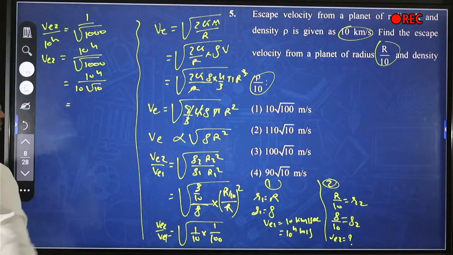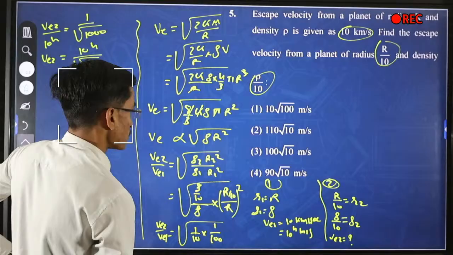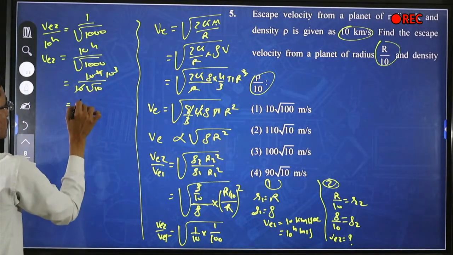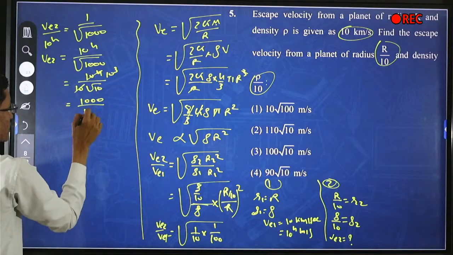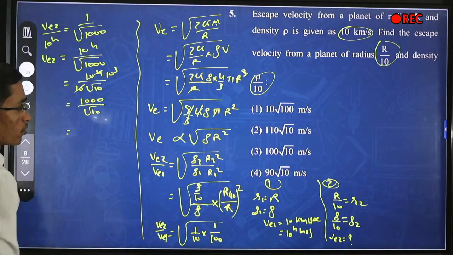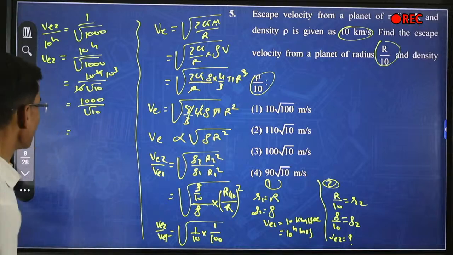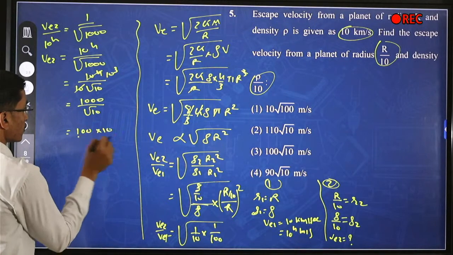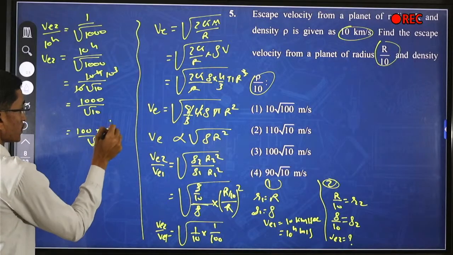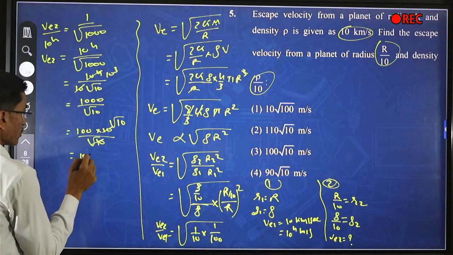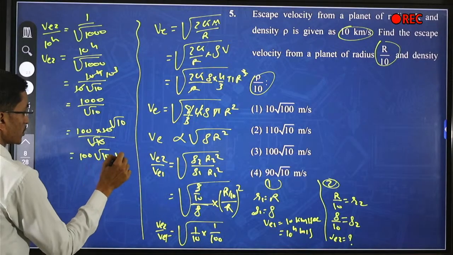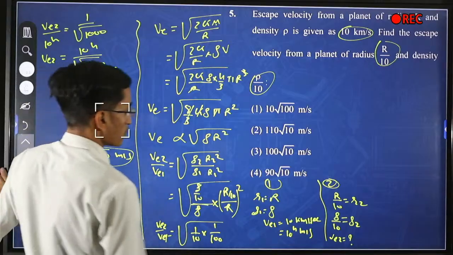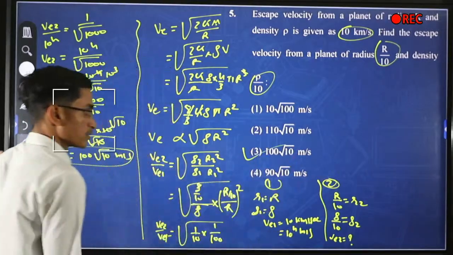The answer is in meter per second. So 1000 divided by root 10. Further we simplify: 100 into 10 upon root 10, and this is root 10. So 100 root 10 meter per second is the escape speed from the second planet. Our answer is the third option.